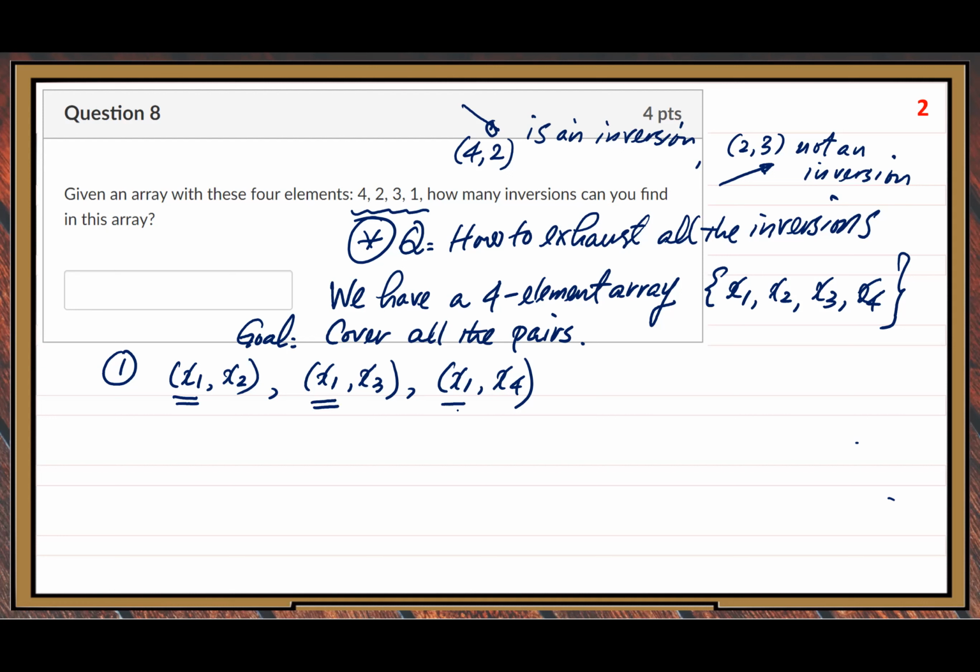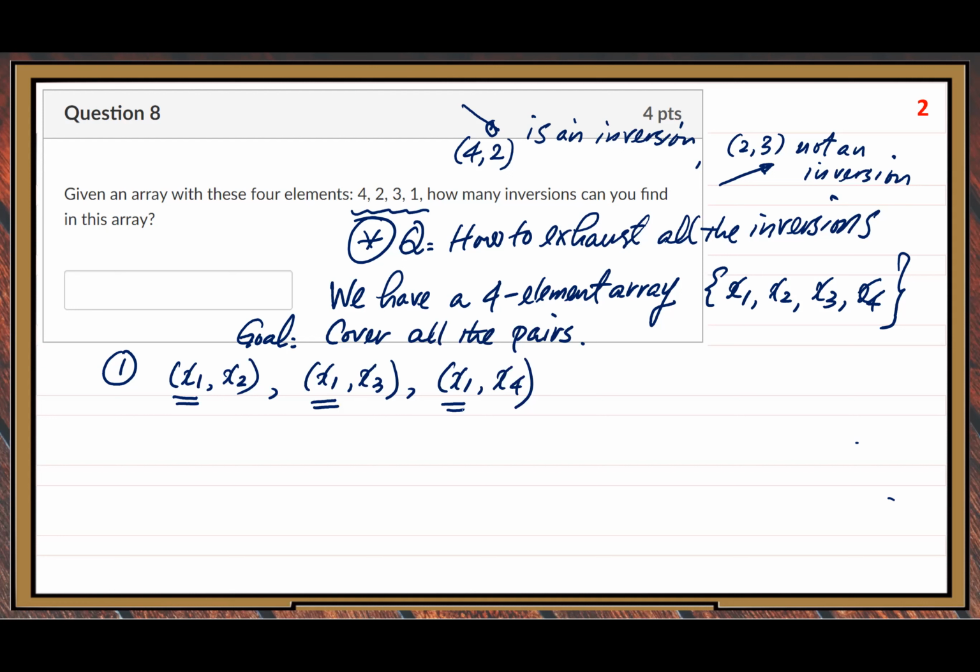Sometimes I like to call this X1 the anchor. The anchor is at X1. Whatever, that's related to the view, in which view you are taking. That's not important.